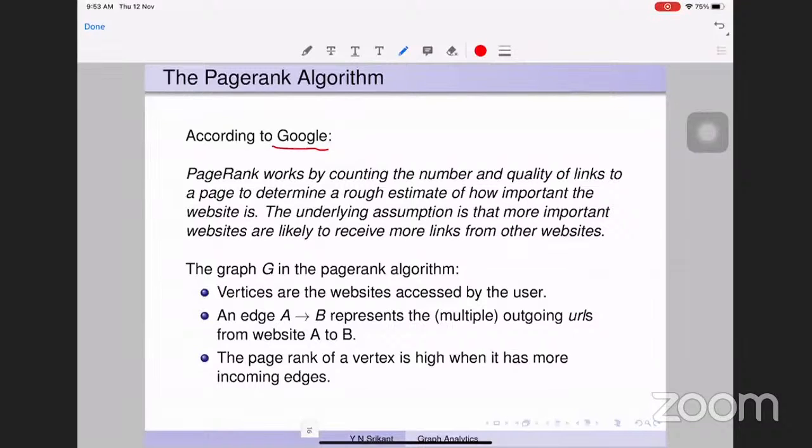And it works by counting the number and quality of links to a website or web page to determine a rough estimate of how important the website is. So importance of a website was the goal when Google began this research way back in the 90s.